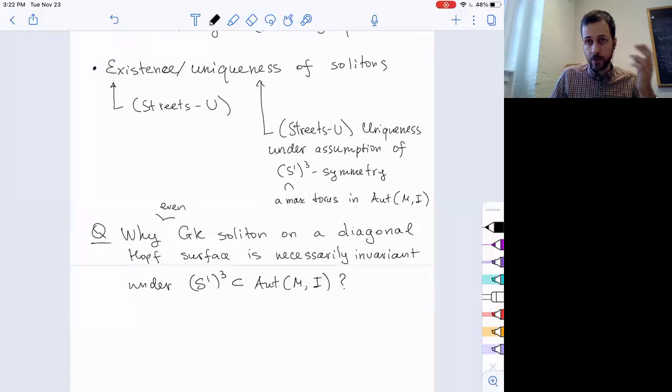We already have a partial answer to this question. We know that there are already two vector fields, xi and xj, under which the structure is invariant.